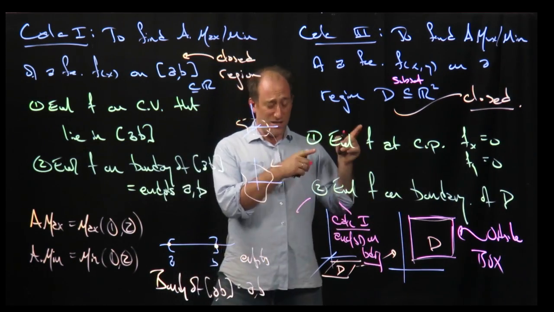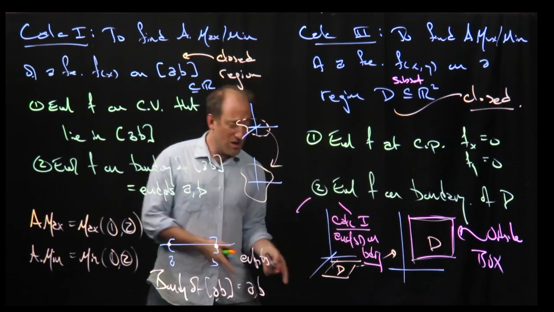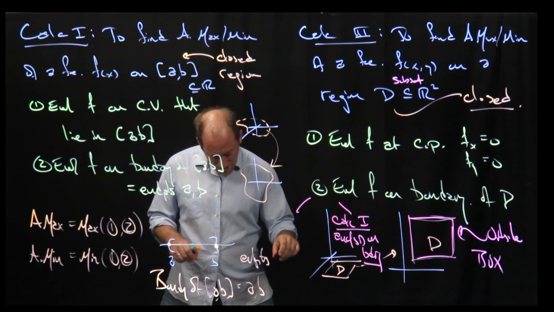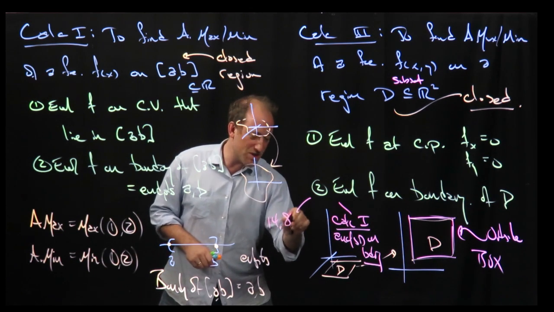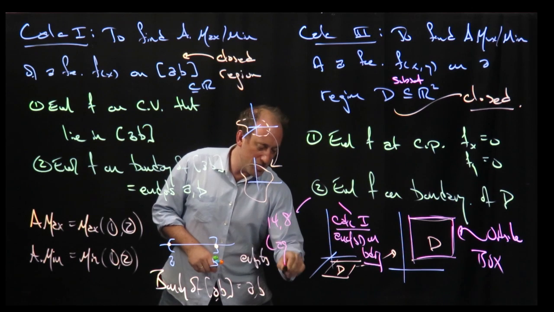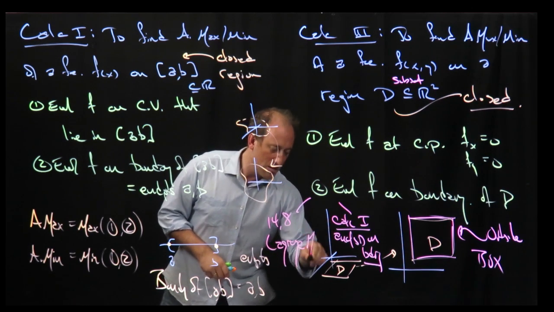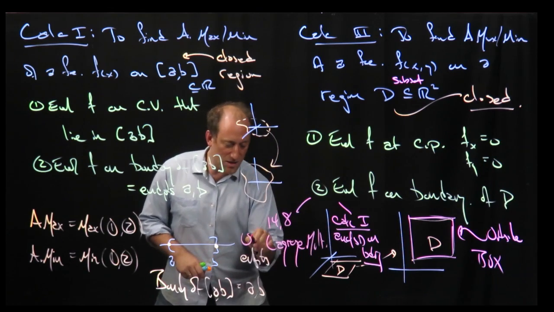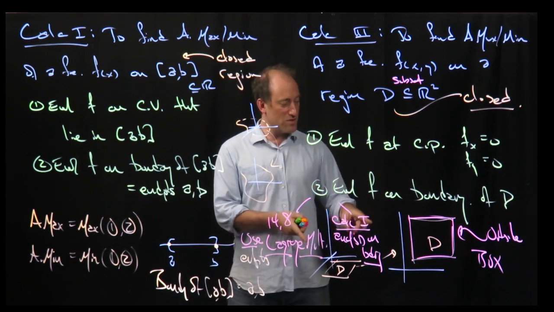The other is going to be covered in the final section of this book, the final section of the class. This will be done, I think it's 14.8. It'll be an instance of what are known as Lagrange multipliers.